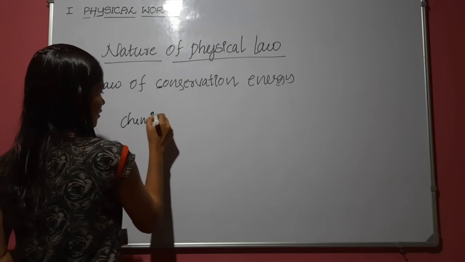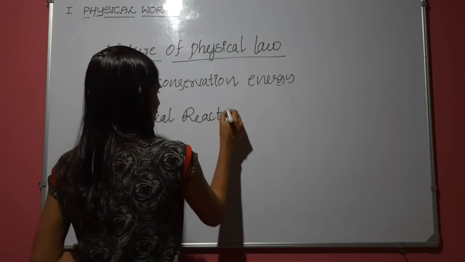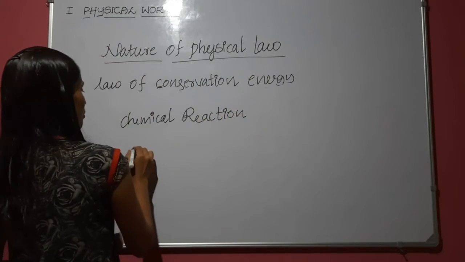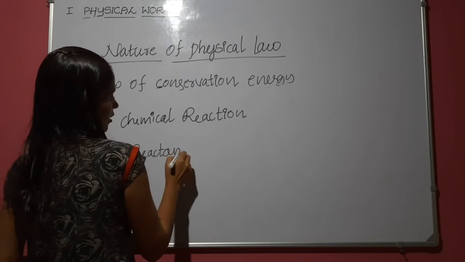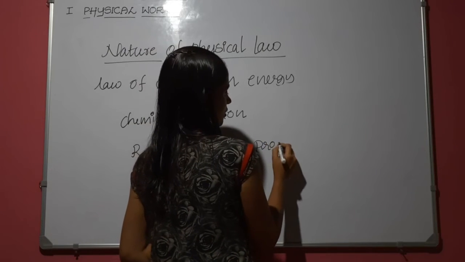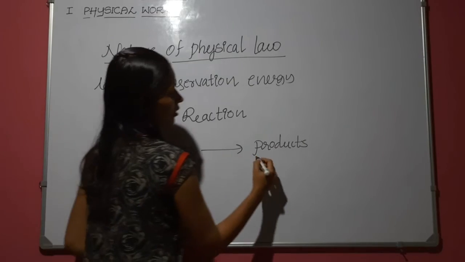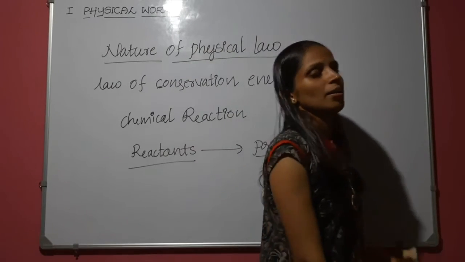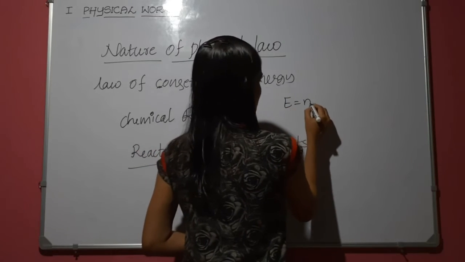In a chemical reaction there are reactants and products, which have mass. The reactants give products. One mass is converted into another mass. But here, after Einstein, E is equal to mc squared.